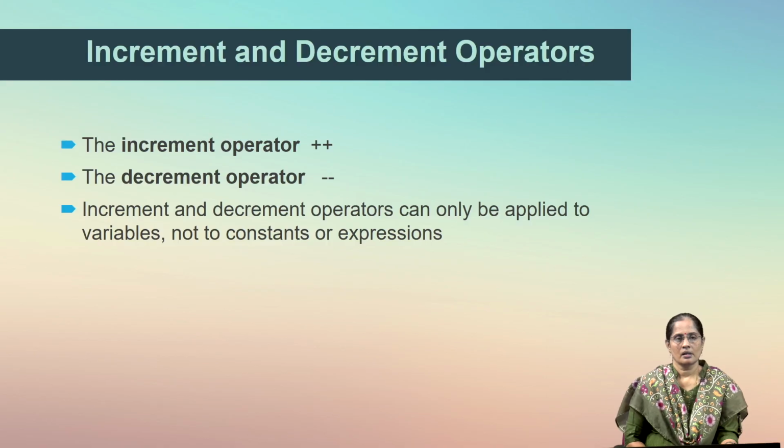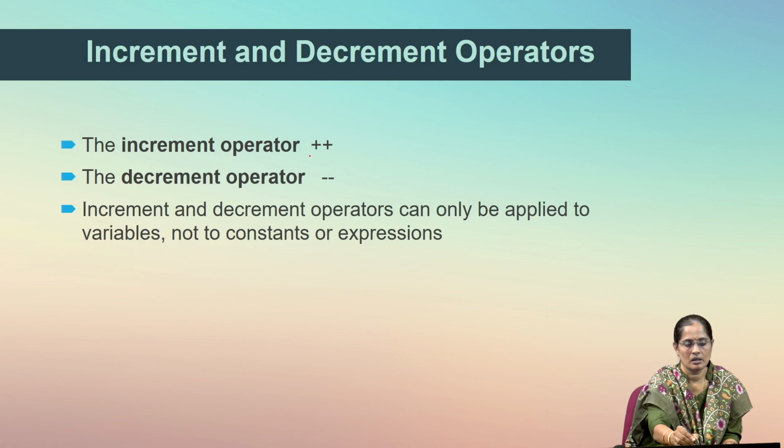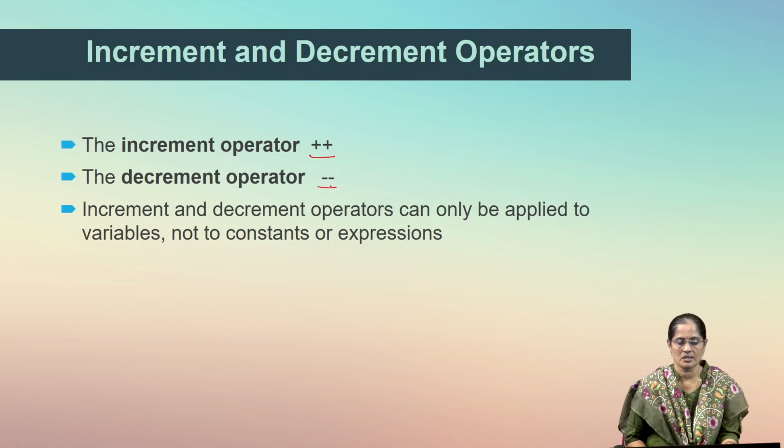Then we will now focus on the usage of increment and decrement operators. The increment operator symbol is plus plus and the decrement operator symbol is minus minus. Both these operators can be applied only to variables; they cannot be applied to constants or expressions.